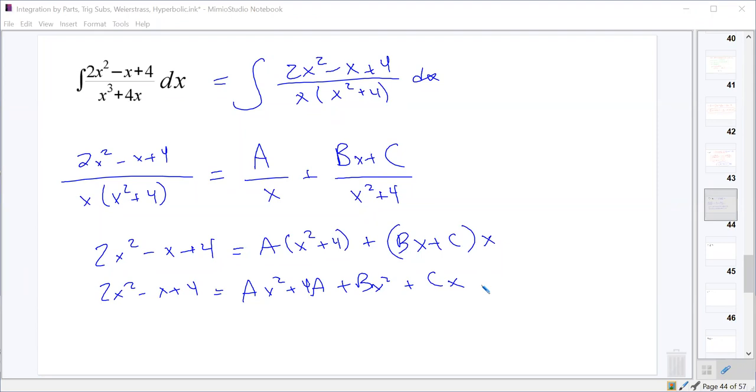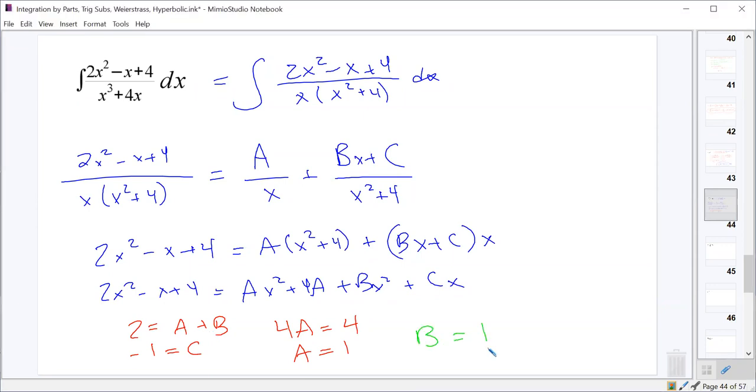Yes. Cool. All right. So how many x squareds do we have? We have 2 x squareds equal to A plus B x squareds. And we have negative 1 x's, which should be equal to C, right? That's all we've got, Cx's. And we've also got 4A ought to be equal to just 4. So we've already got 2 of them. A is 1 and C is negative 1. If A is 1, what is B?